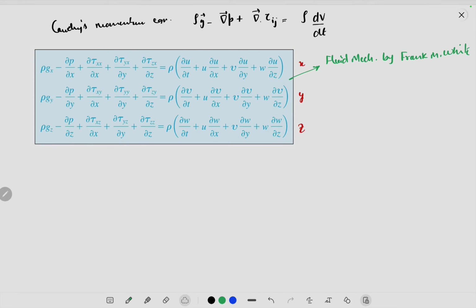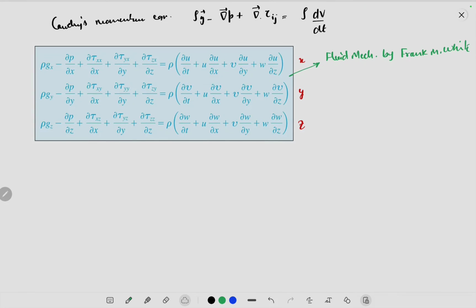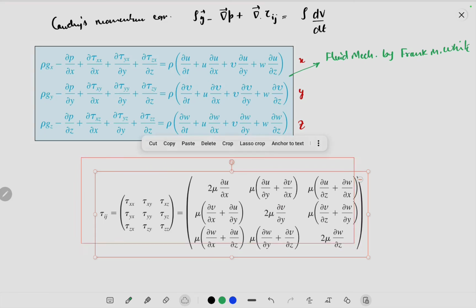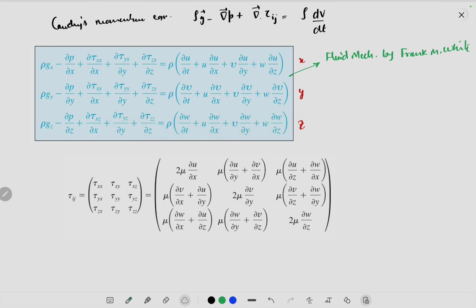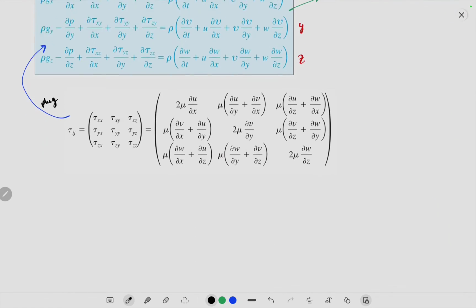Okay, next let's use the stress tensor matrix which was given by this and plug the components tau ij into this Cauchy momentum equation in three orthogonal axes. So let's plug these components inside this equation and let's see what we get.